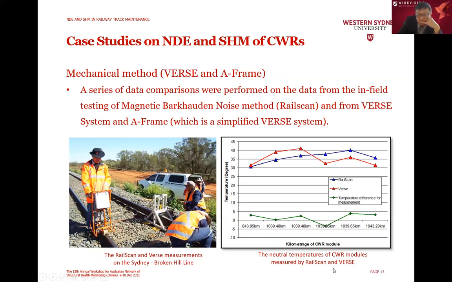And the results for the neutral temperature measured are pretty close, except for a turning point from the mechanical method crossing the blue line obtained from the Rail Scan, but these two methods came very close in the result. The temperature difference is quite small, so that means the method is pretty good.